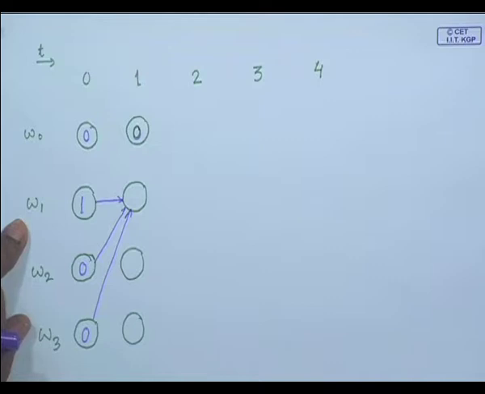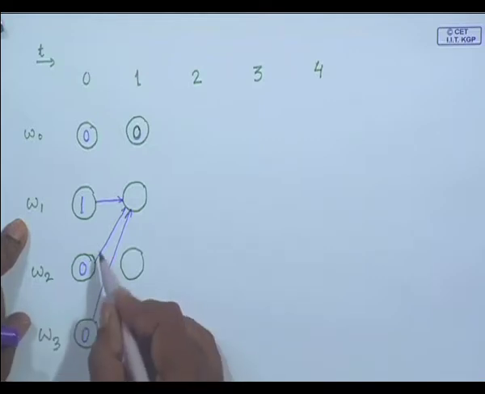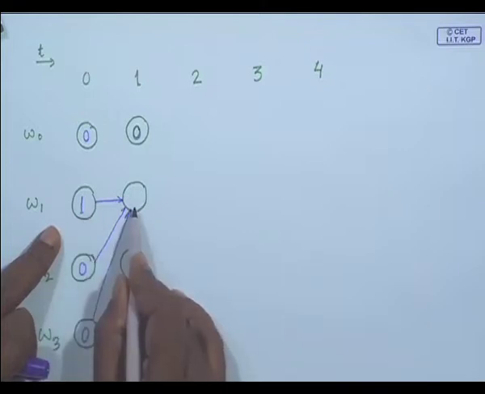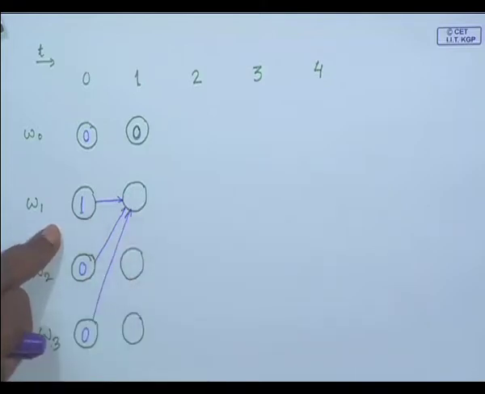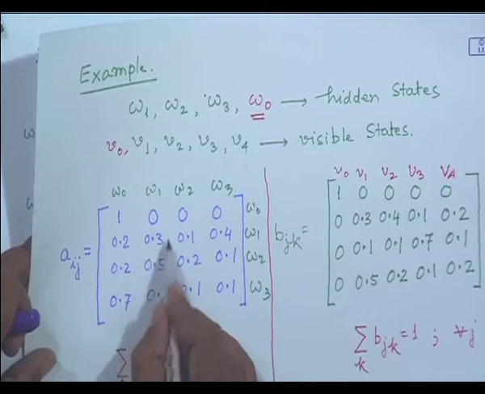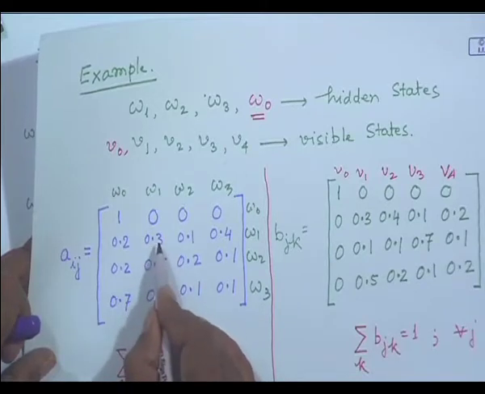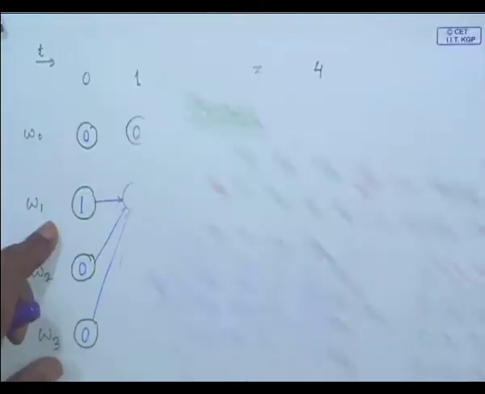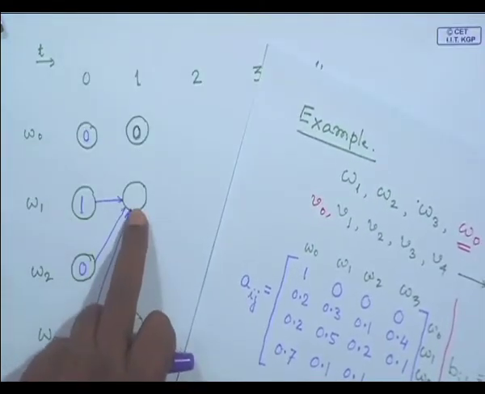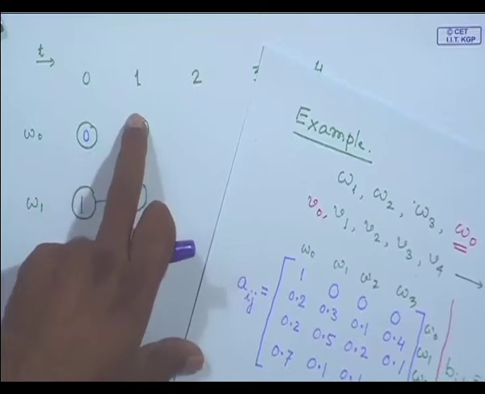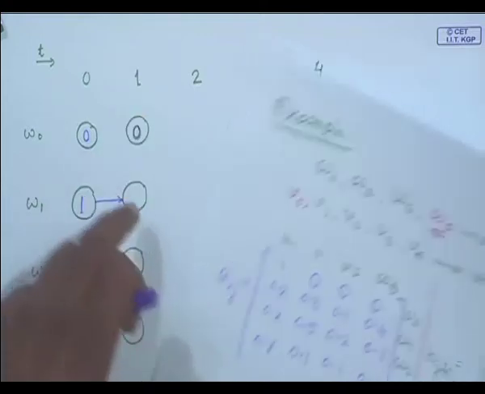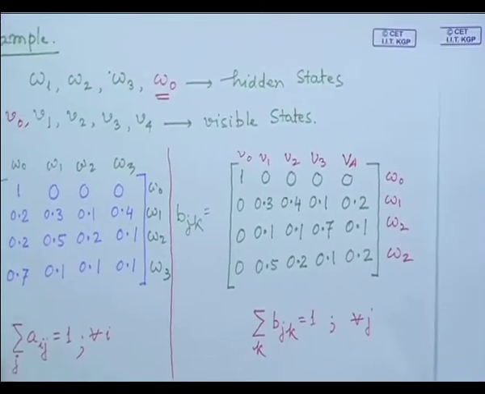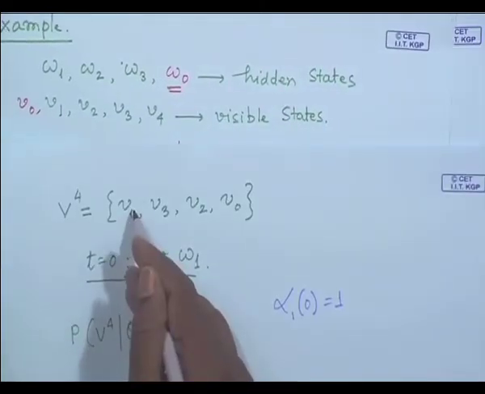Now, this transition probability from omega 1 to omega 1 is equal to 0.3, multiplied by the probability that in state omega 1 at time step 1 it will output the symbol V 1, because my first symbol is V 1.